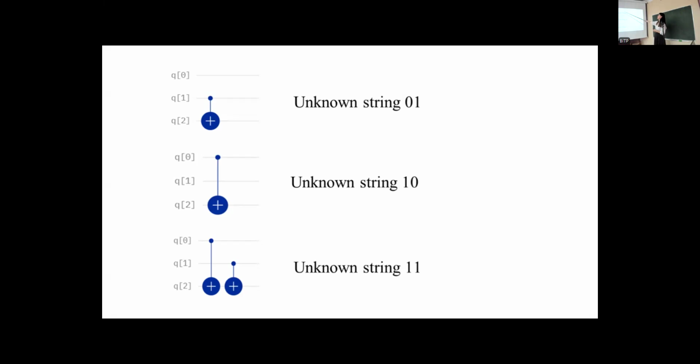Qubit 0 encodes the first number, qubit 1 encodes the second one. So in this case, I have 1, 0, and I have a 2-qubit gate which acts on qubit 0 and qubit 2. And I have 1, 1, so I have to act with controlled NOT gates twice.